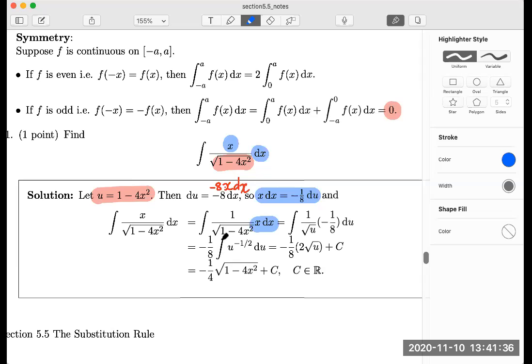It means it becomes negative 1/8 times the integral of u to the negative 1/2 du. Now, we need to find the antiderivative of u to the negative 1/2, which is 2 square root of u. Okay? So look at that. Is it clear?